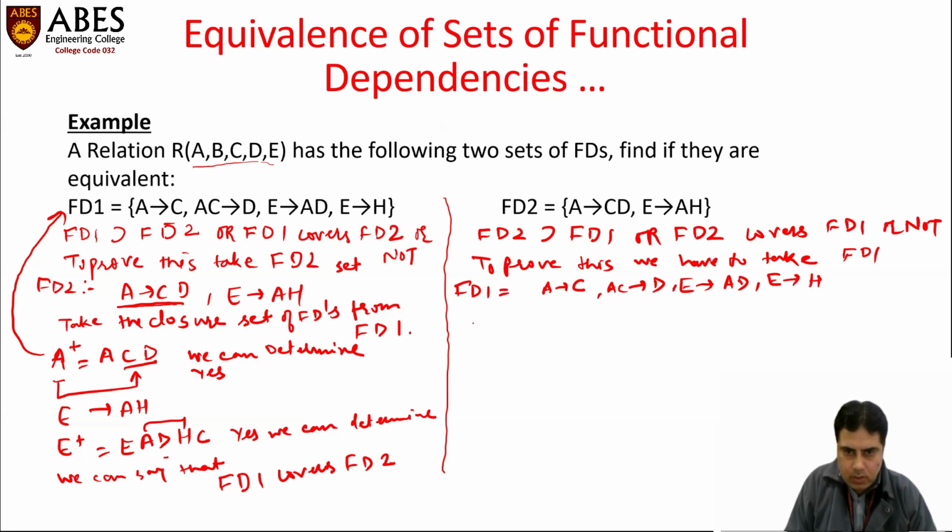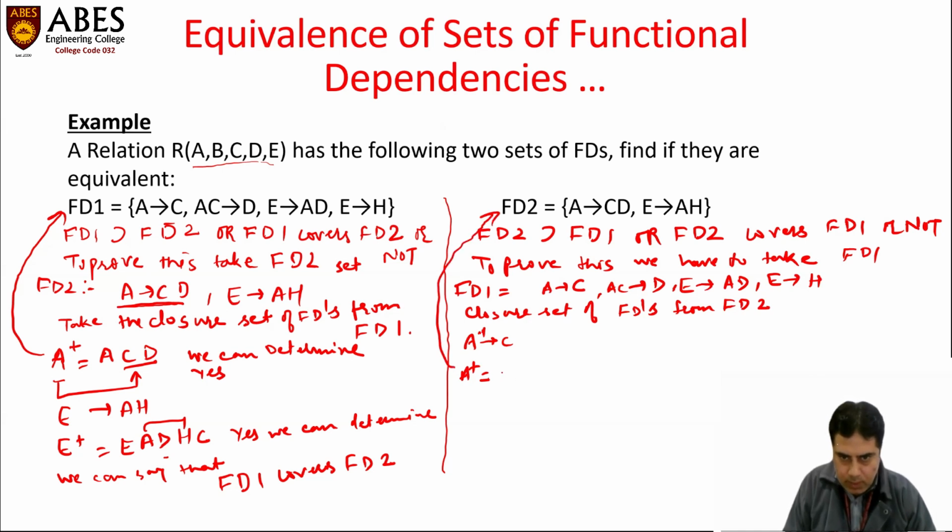Now take the closure of these FDs from FD2. Take the closure set of A from FD2.